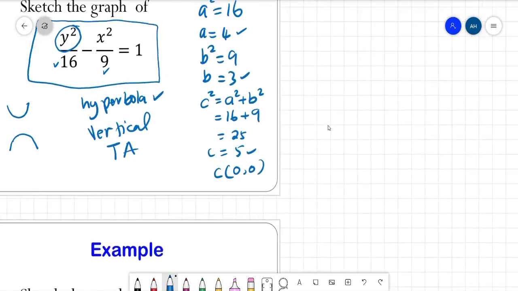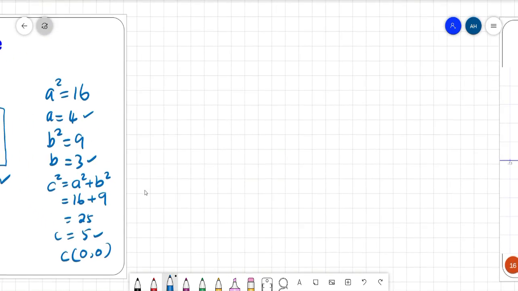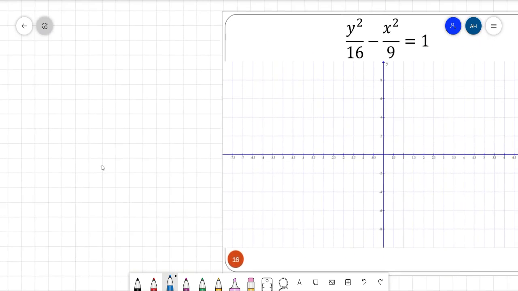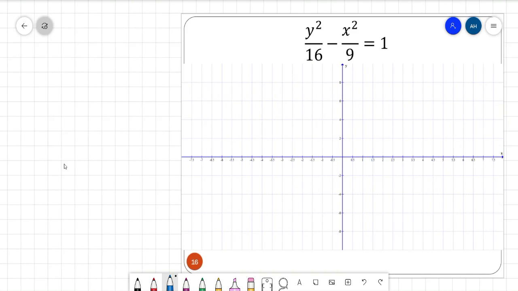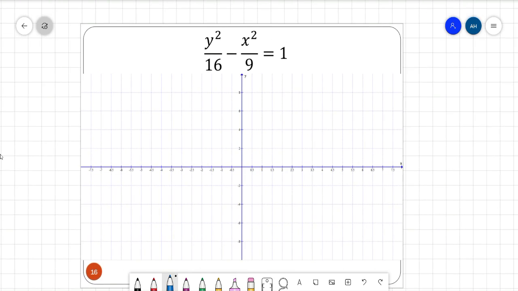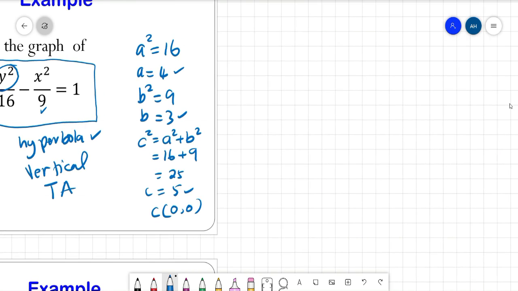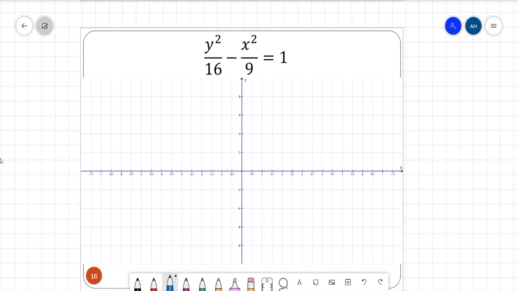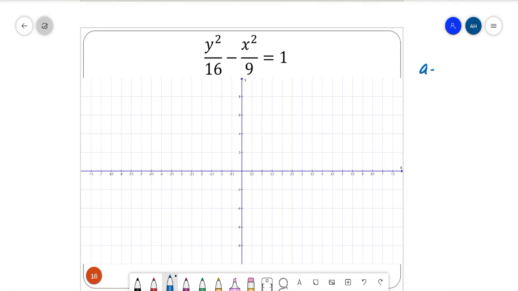All right, so let's sketch the graph of this. Maybe in this coordinate system here, we can write down again the values: A equal to 4, B equal to 3, C equal to 5, and the center is 0, 0, and the transverse axis is vertical, meaning the graph is facing up and facing down like that.